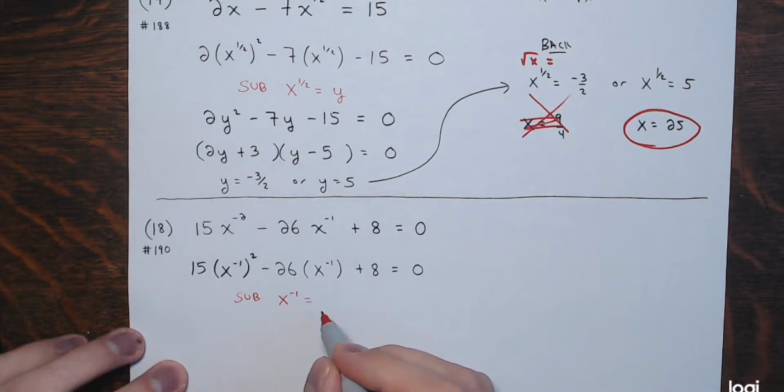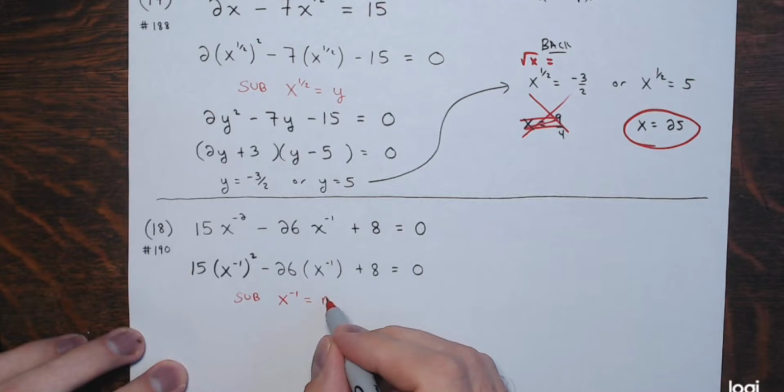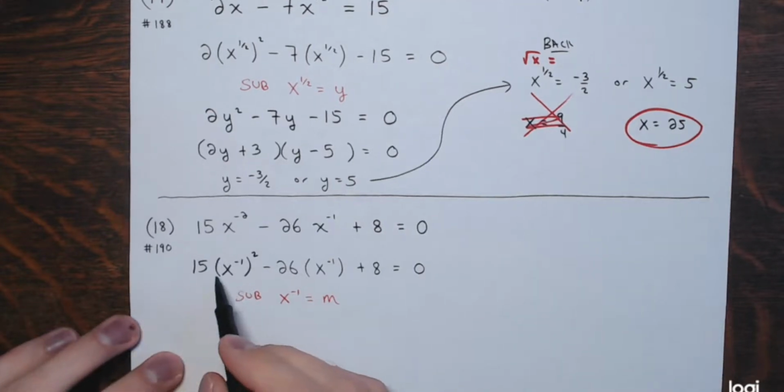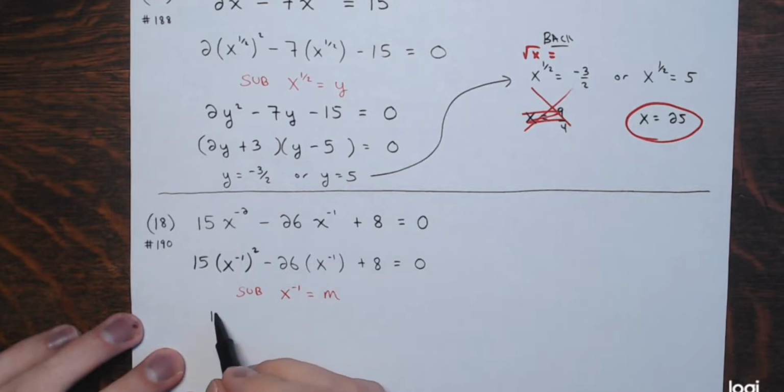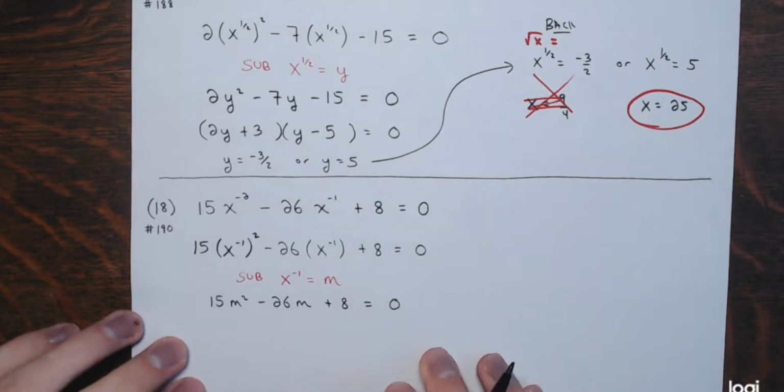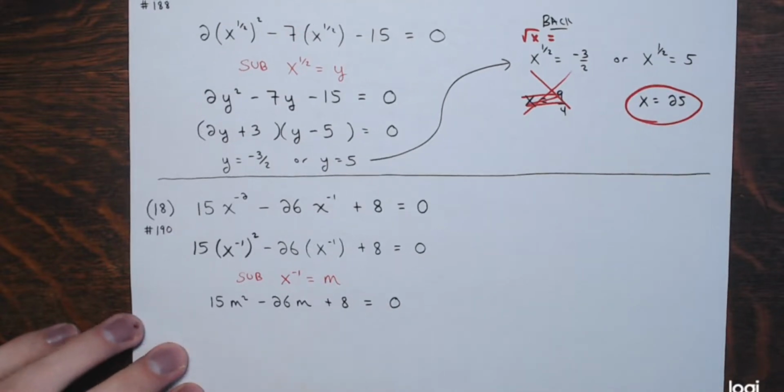Everywhere there's an x to the negative first, I'll replace it with m, some other letter. And we change it into a quadratic equation. 15 times m squared minus 26 times m plus 8 equals 0. And then let me think, is this factorable?